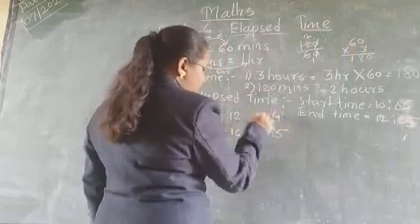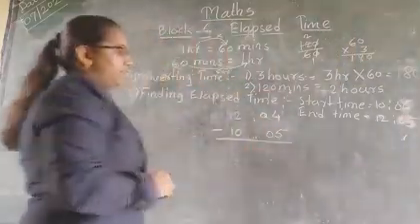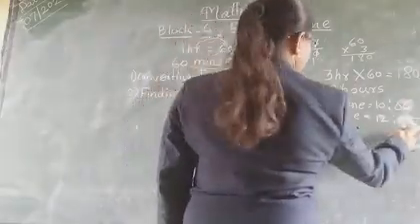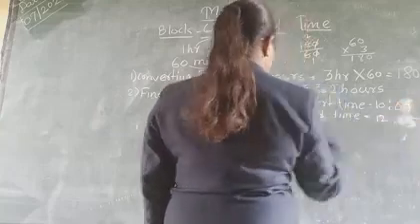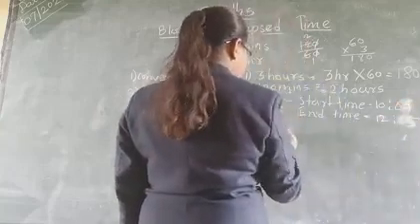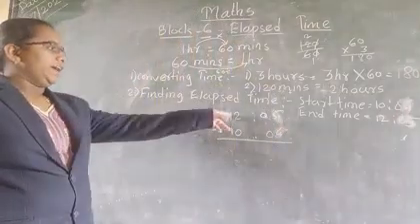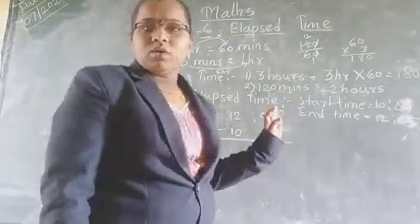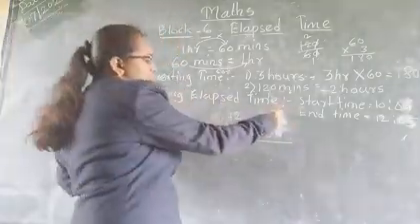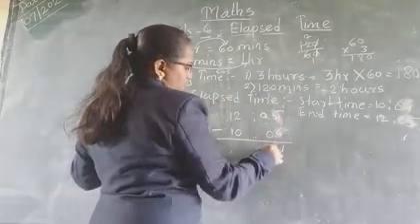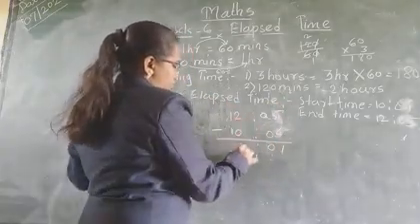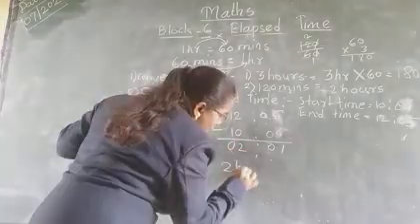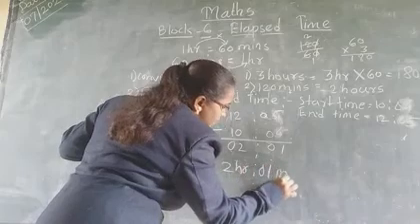Then we solve the difficult examples. So the end time is 12 hours 5 minutes and the start time is 10 hours 4 minutes. Then we subtract these numbers. 5 minus 4 is equal to 1, 2 minus 0 is 2, 1 minus 1 is 0. So the answer is 2 hours 1 minute.